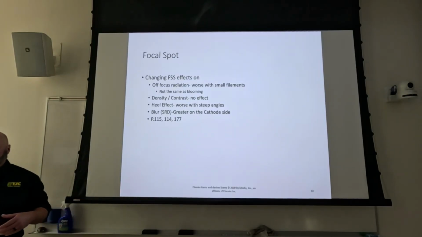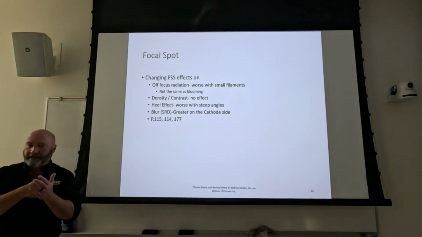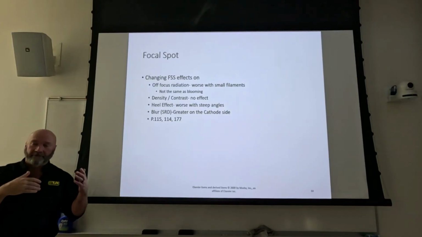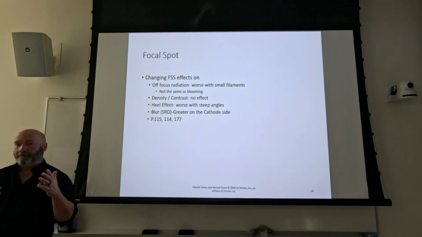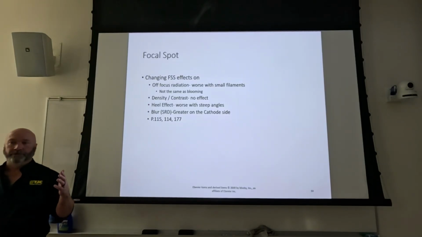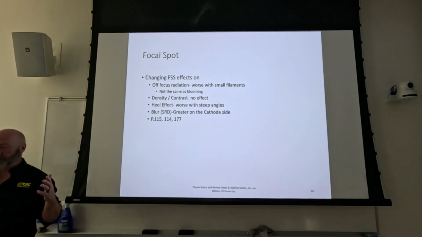Off-focus radiation is where the electron travels across the tube and it hits the anode, and because it's traveling at a very high velocity, it might bounce back towards the cathode. But what is the cathode's charge? It's negative.